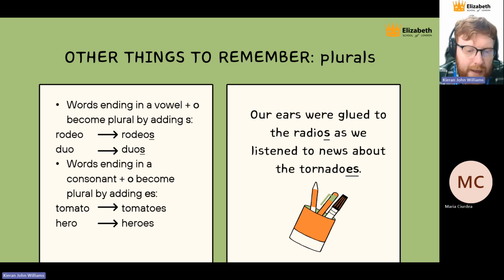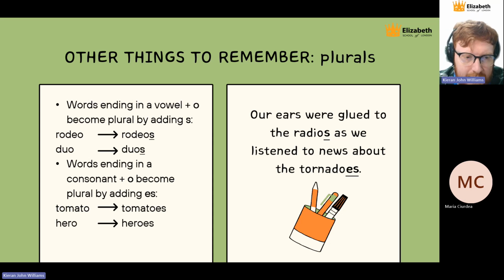Now, generally, if a word ends with a vowel and then an O, so remember vowels are any of those letters that are A, E, I, O, or U, we just add an S. So we've got the example here of rodeo.